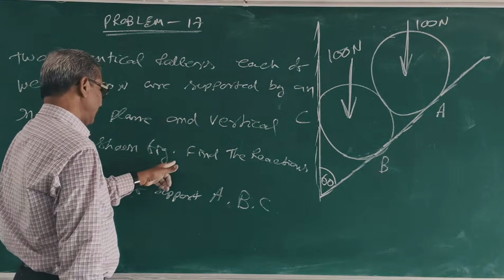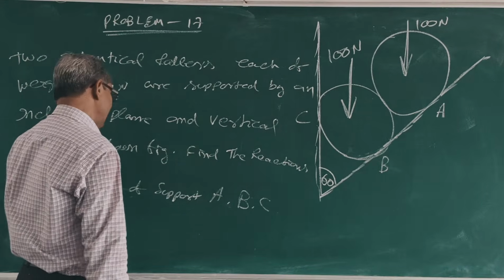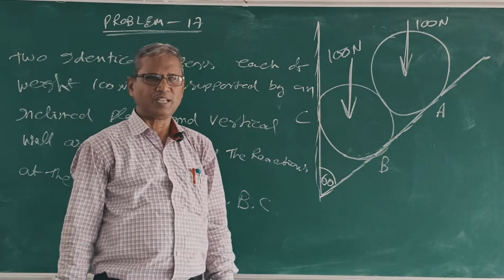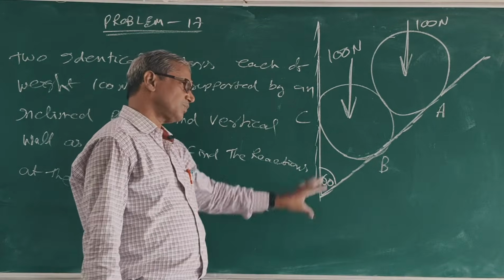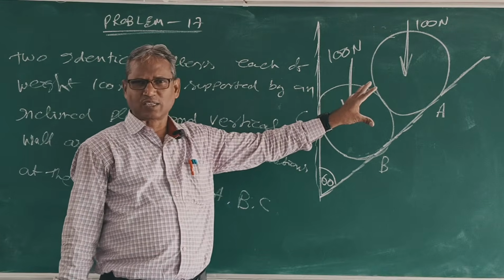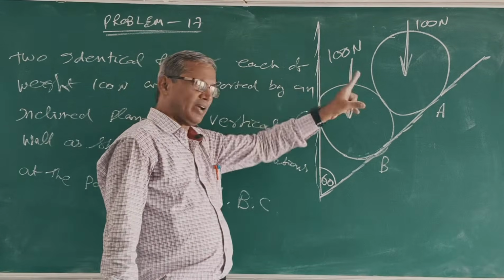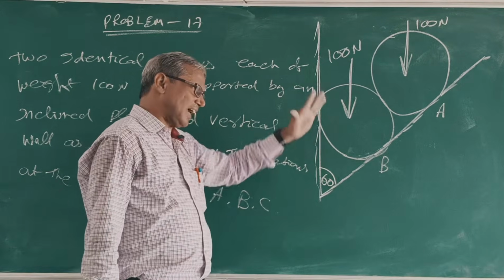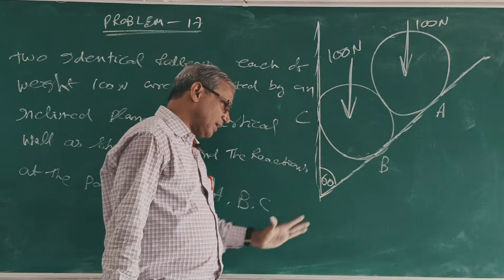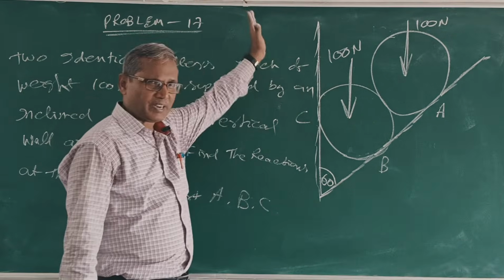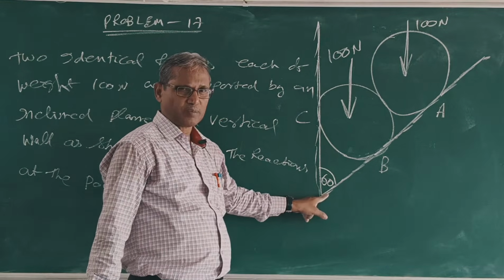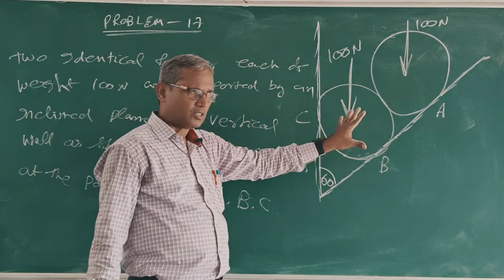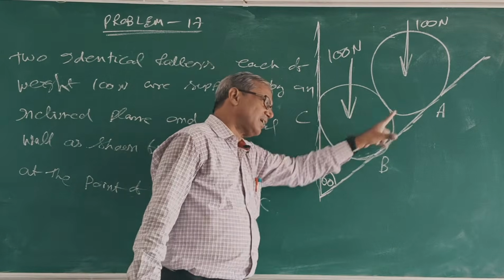Find the reaction at the supports A, B, C. Identical means equal weight, equal radius, both are equal in every respect. They are placed between an inclined plane and vertical wall, both making an angle of 60 degrees with each other. Now the system is in equilibrium and they are supported at points A, B, C.